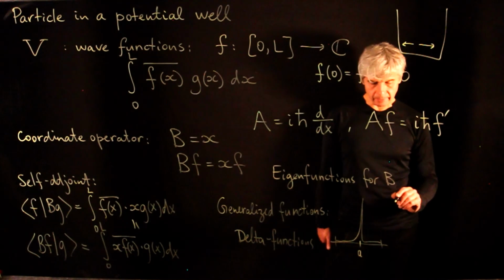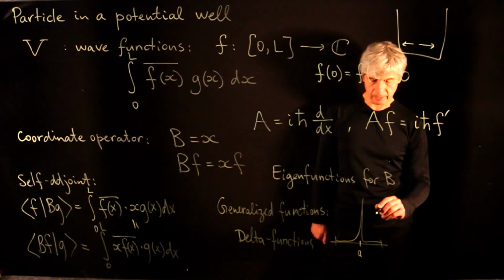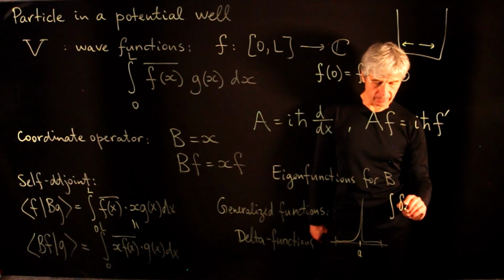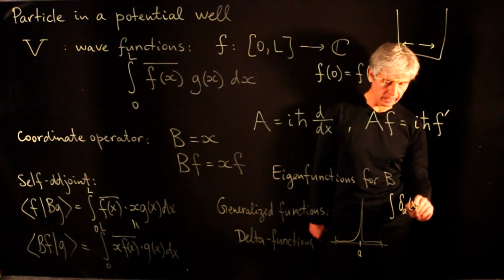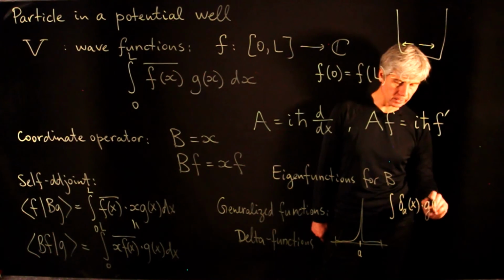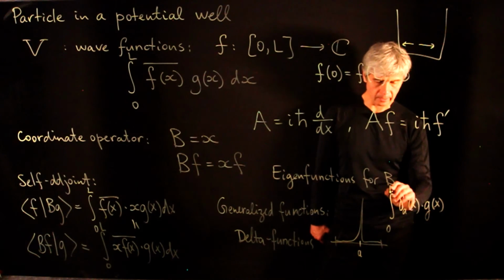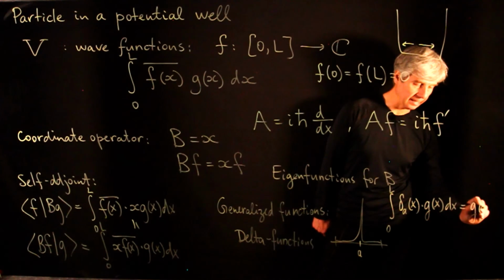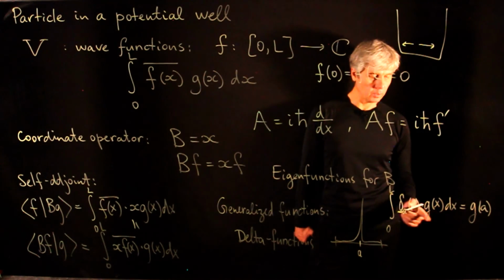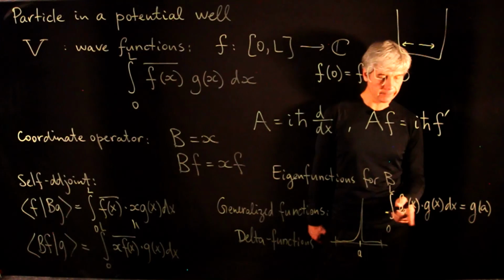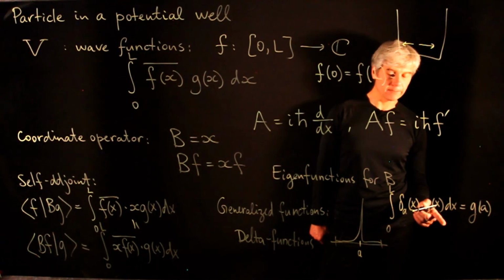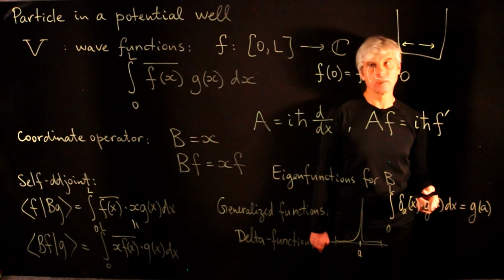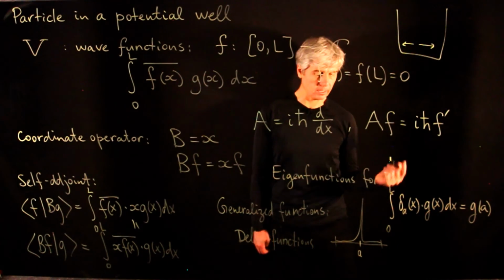So really, a delta function has the property that if we have delta_A of x integrated against some function g of x from 0 to L, then what this produces is the value g of A. So a delta function should be viewed not as a function on the interval 0 to L, but as a linear functional on the space of these functions.